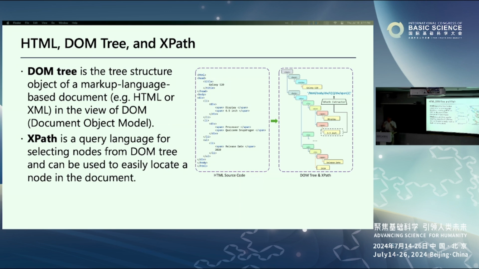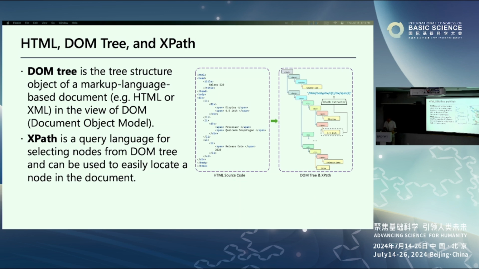And there are the DOM tree and XPath in the HTML. The DOM tree is a tree structure, which is easy to understand. And XPath is actually a query language to select nodes from the DOM tree. On the right side is another example. If we have an XPath, we can select exactly one node from the tree.